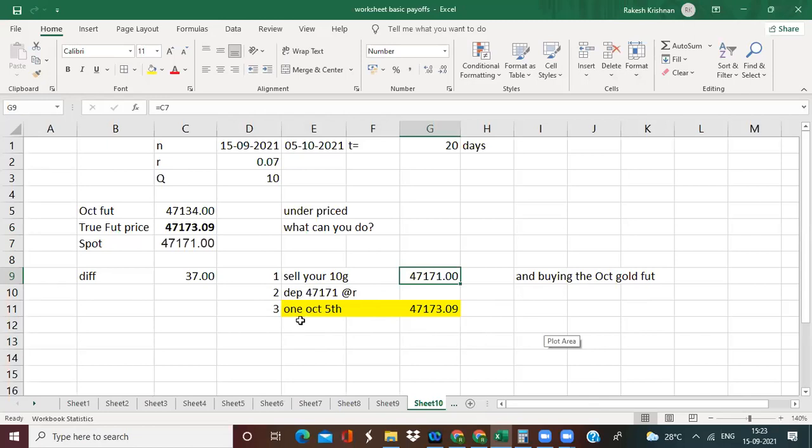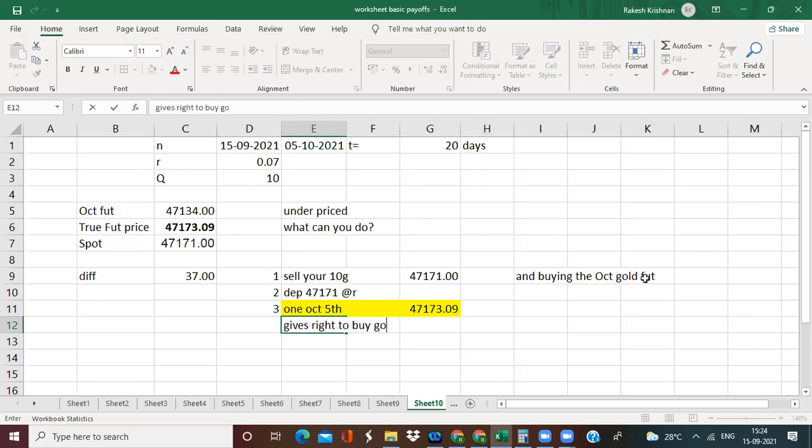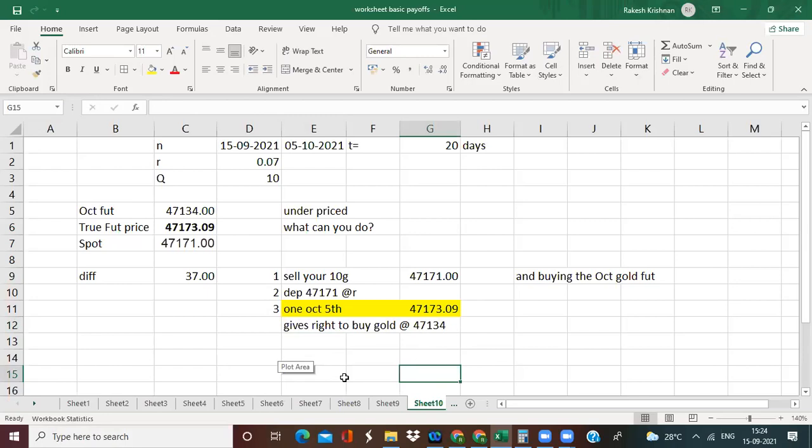Now, on 5th of October, what right do you have in your hand? Remember, you have already bought one gold futures. This gives you the right to buy gold at the rate of how much? What is the gold futures trading for? 47,134. So this gives you the right to buy the gold at the rate of 47,134.